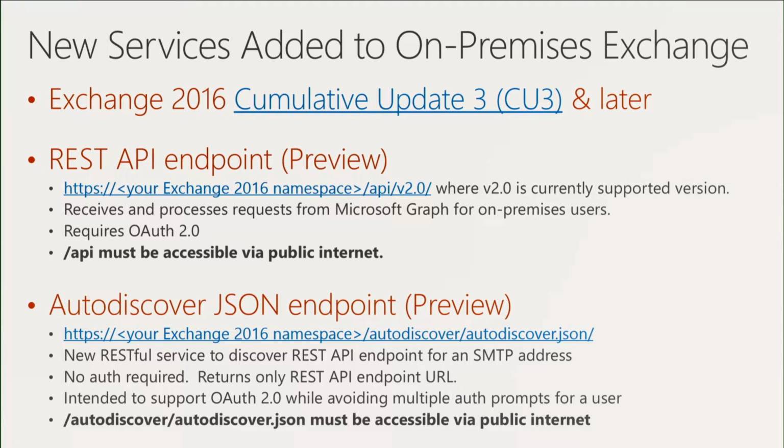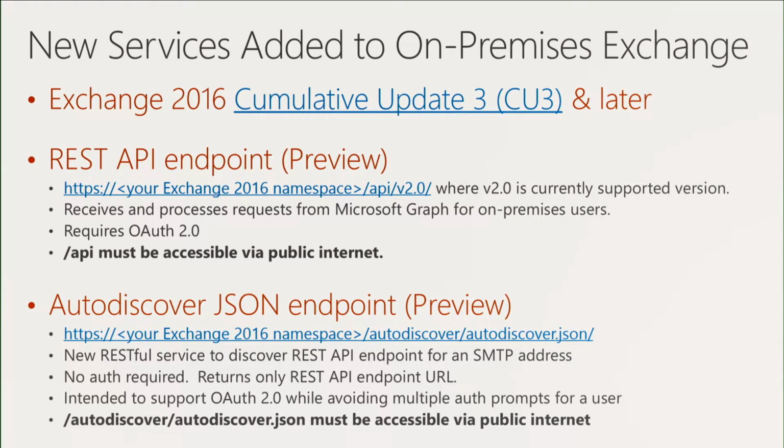The auto-discover JSON endpoint is autodiscover/autodiscover.json. It's a new RESTful address. We introduced a new endpoint for two reasons. One was that in the new flow, there's no auth needed because the auth will come later. All this JSON endpoint returns is a URL saying go here for REST API calls, and that's when the REST API endpoint will tell Microsoft Graph where to authenticate.